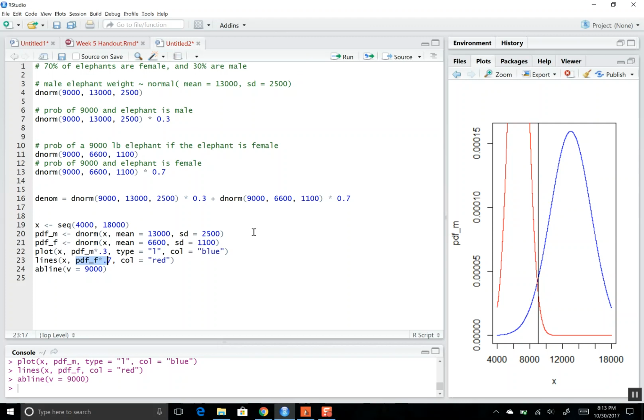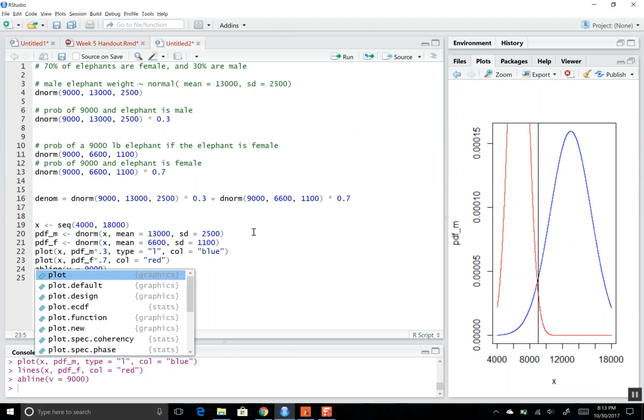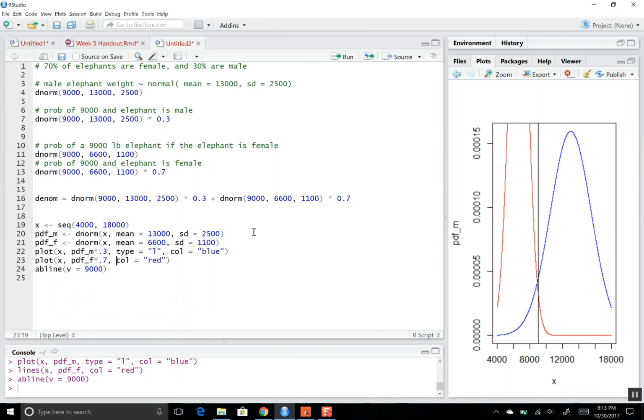So let me actually change this to plot this. Type equals L, color equals.